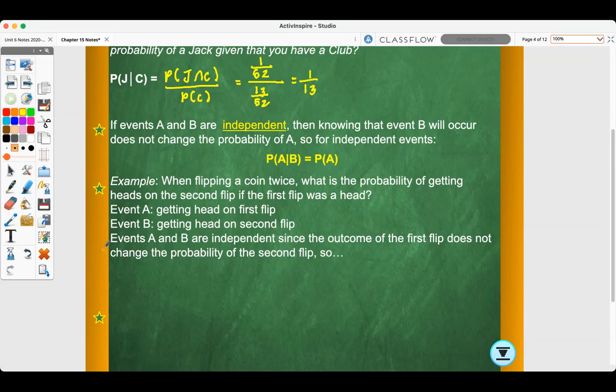Event A is getting heads on the first. Event B is getting heads on the second. Events A and B are independent since the outcome of the first flip does not change the probability of the second flip. So the probability of B given A equals the probability of B, which is just 1/2.